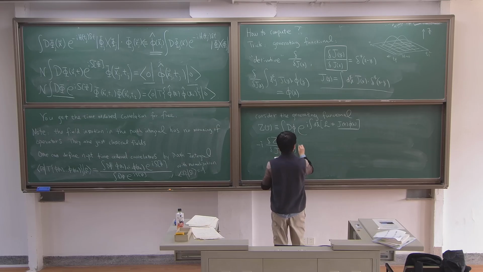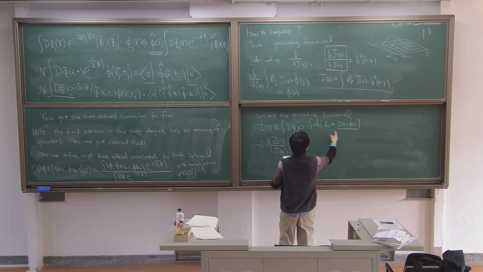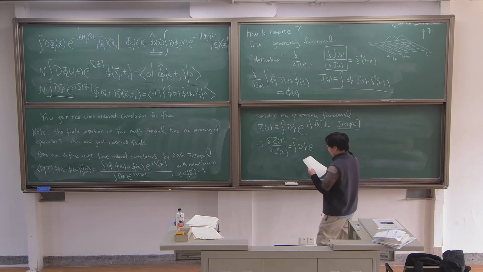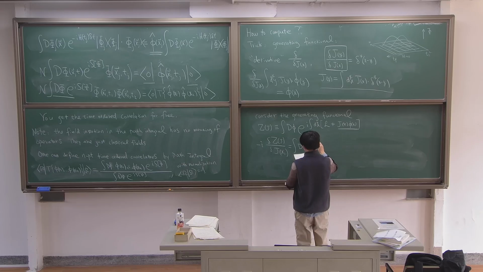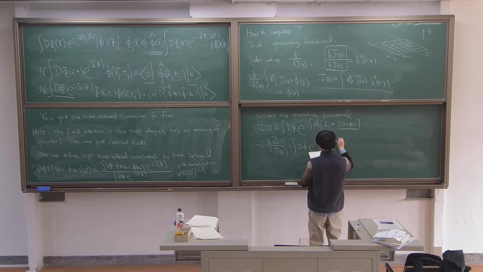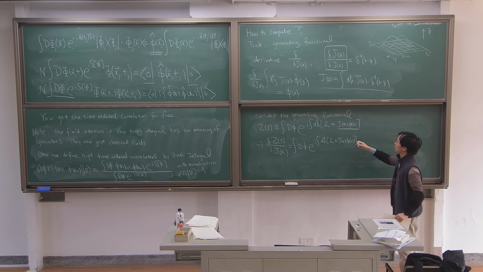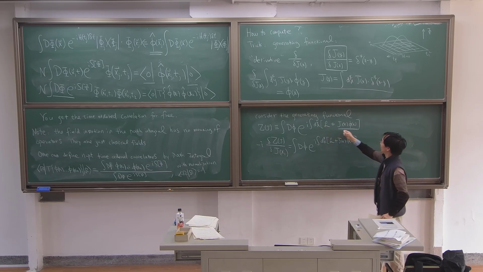It's some kind of derivative, so let's shift it inside. This is the exponential of some object. When you do the derivative of such an object, the exponential does not change. So the exponential remains.